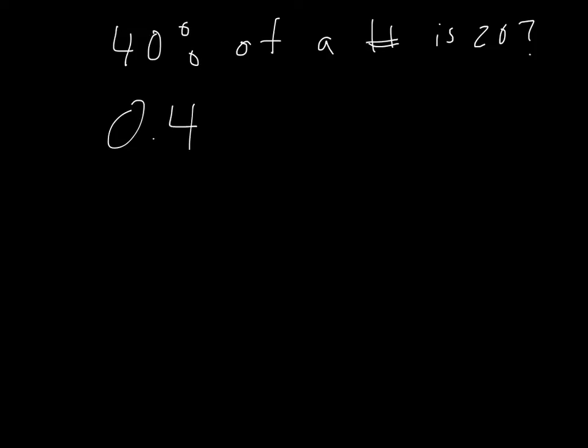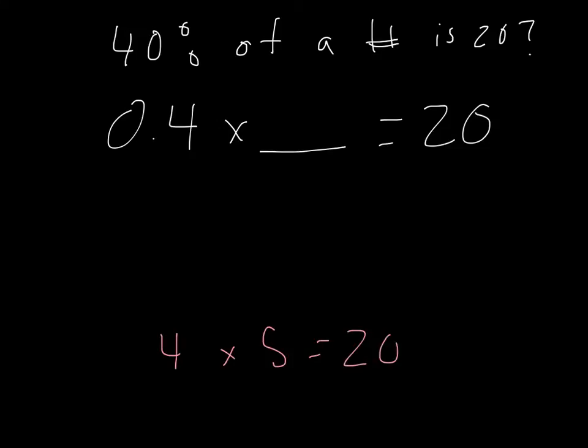And she's thinking 0.4 times something equals 20, because 40% of a number is 20. The idea is that 4 times 5 is 20, so 0.4 times 50 is going to be 20. That's fine. That's good mental math.